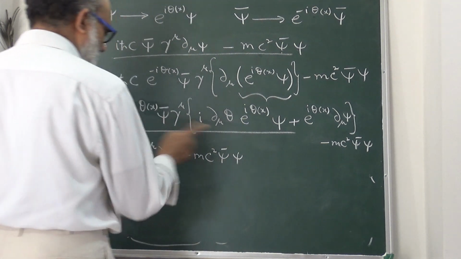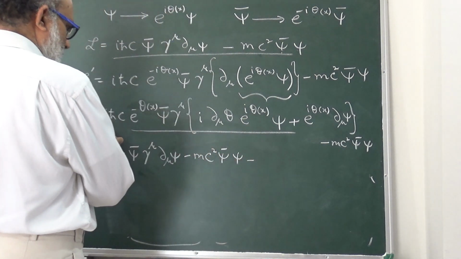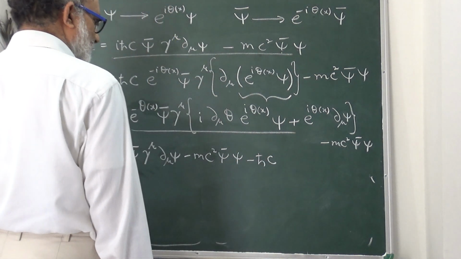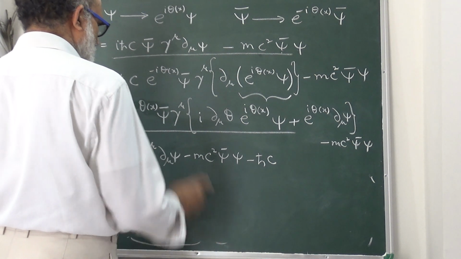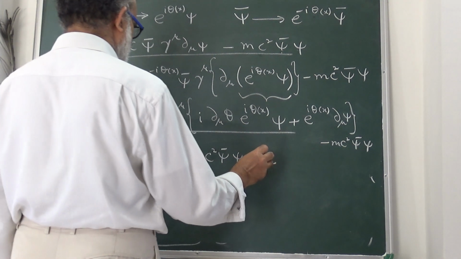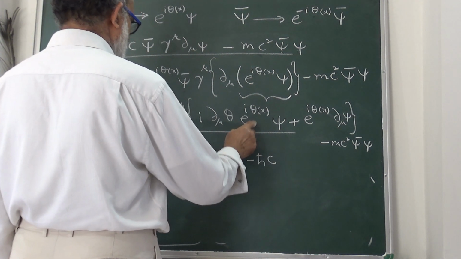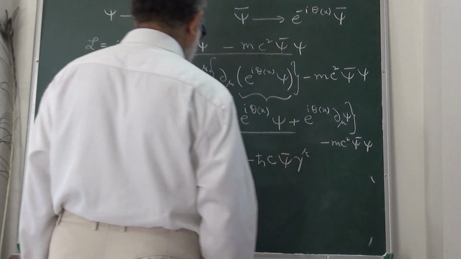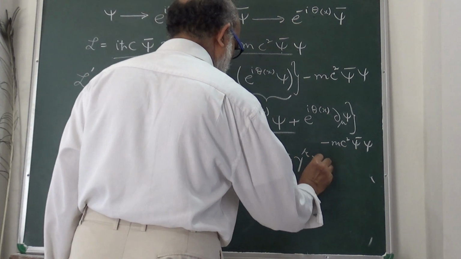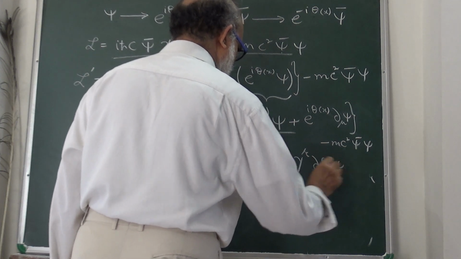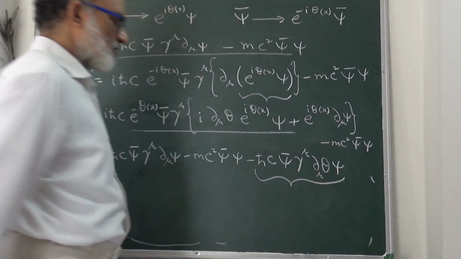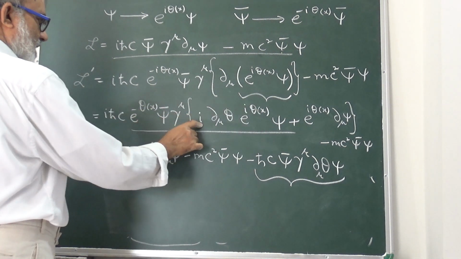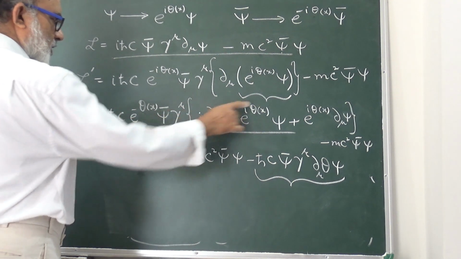And this factor, which is i squared, minus 1 h cross c, this is an extra term. Multiply this one, i squared is equal to minus 1, h c e power theta.